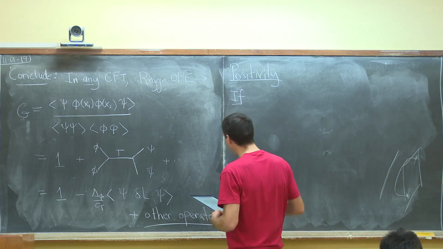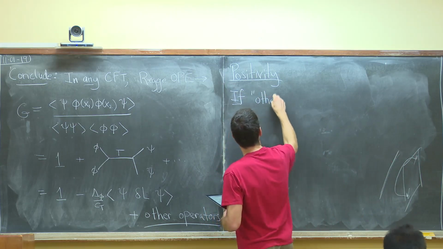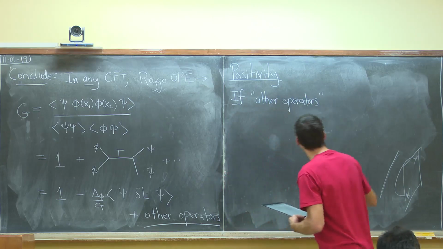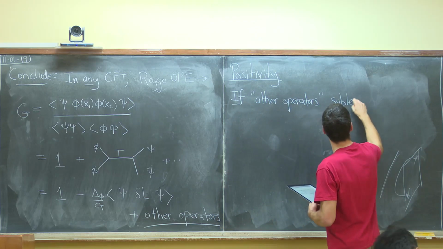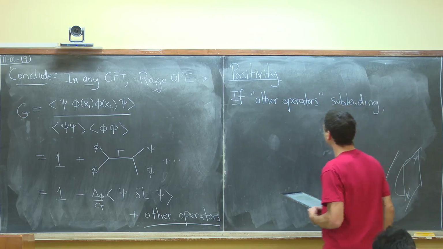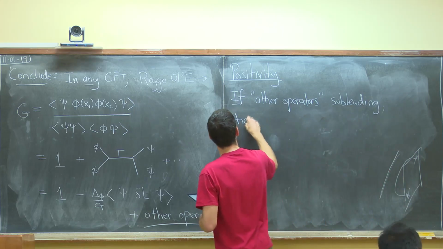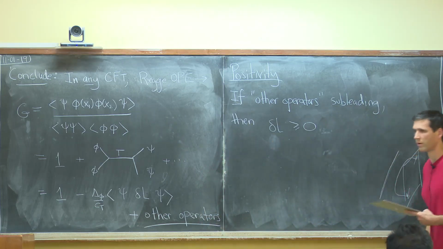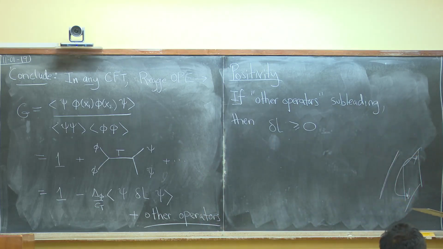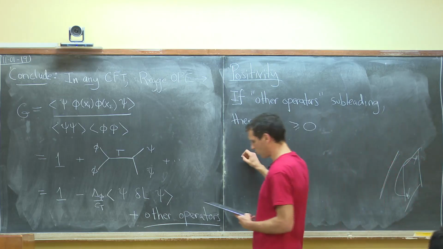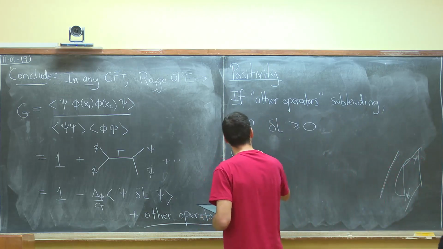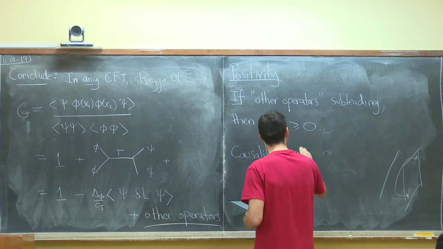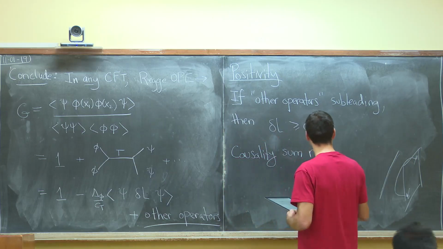The claim is that if these other operators are subleading, then delta L is a positive operator. This is derived using the causality sum rule of Sachin and Sendepen and I.